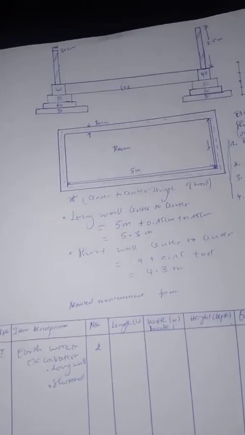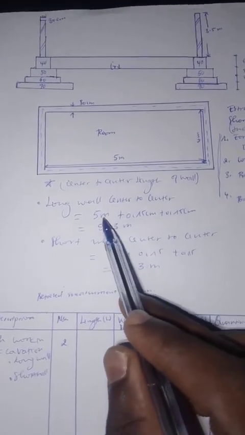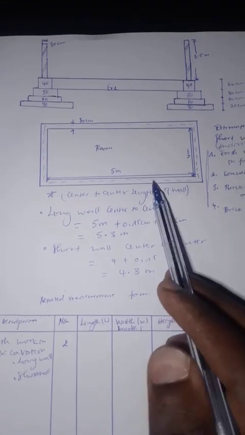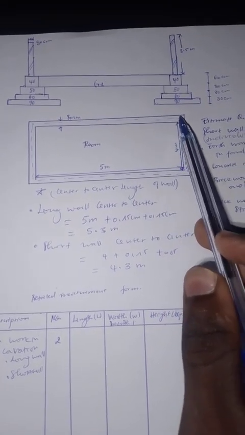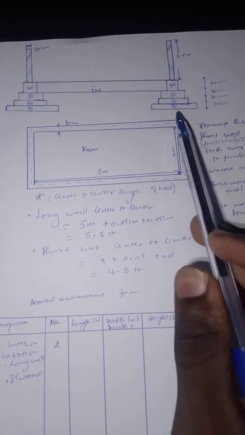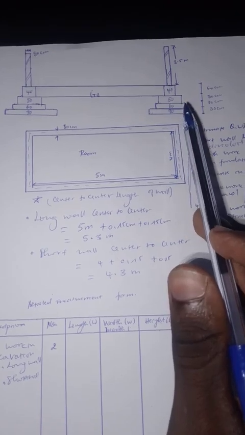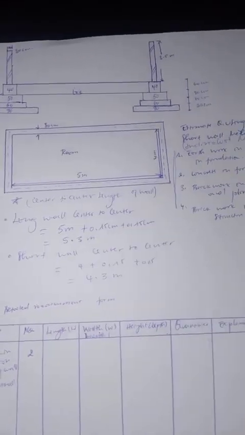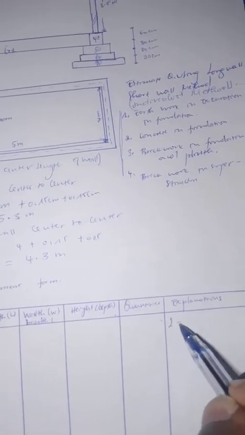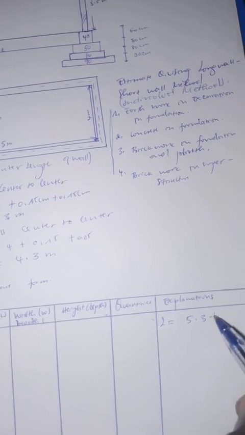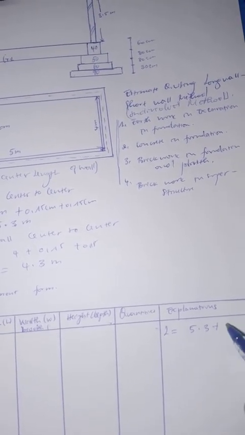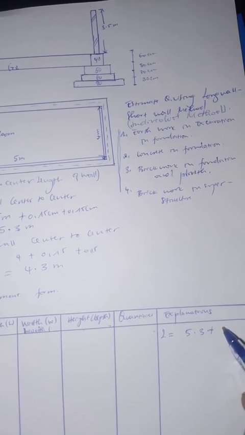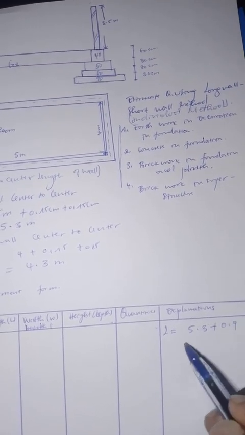The length is equal to this long wall center to center, 5.3, plus a half of the excavation width on one side and another half on the other side, which is 0.45 plus 0.45, equal to 0.9.